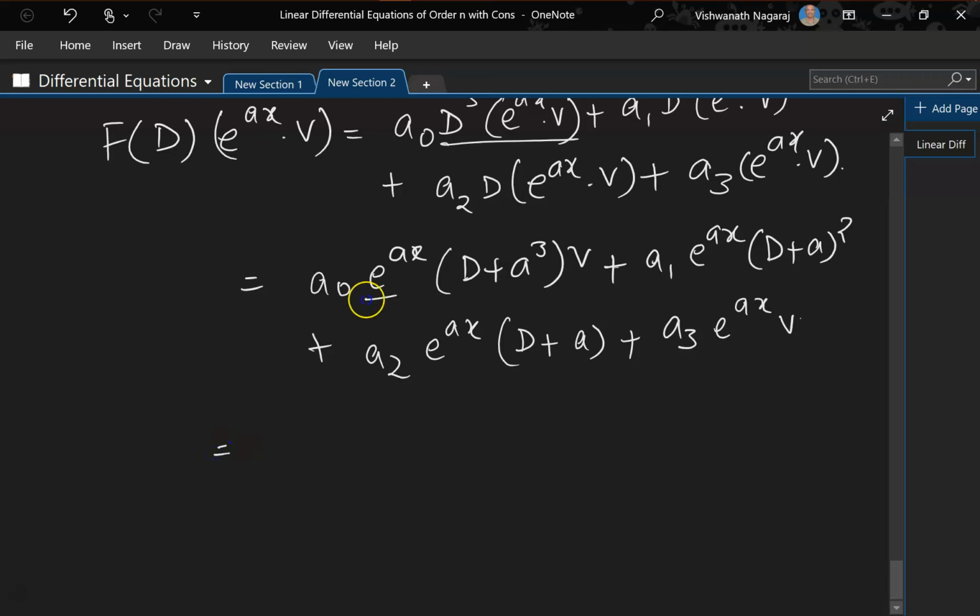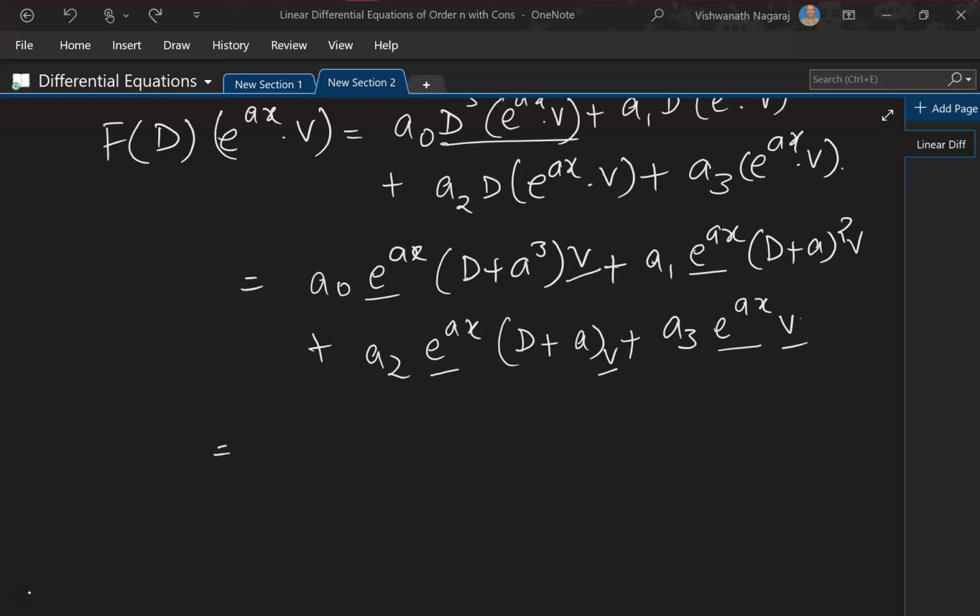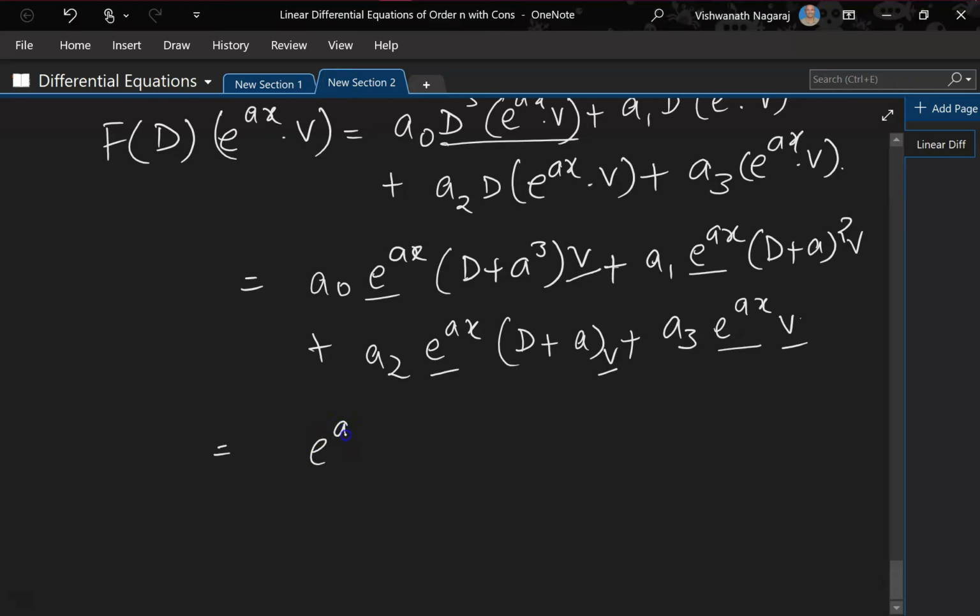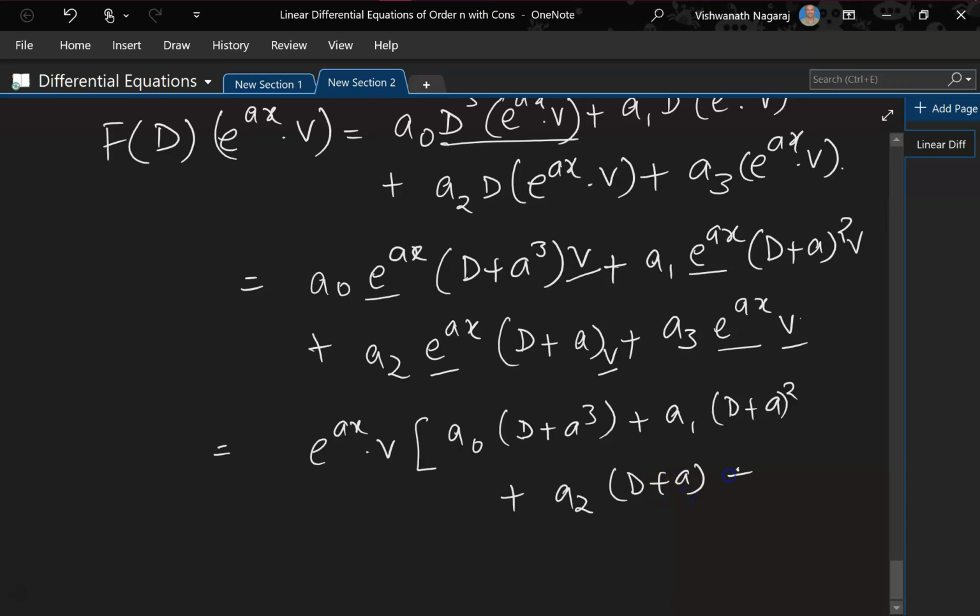Now here e^(ax) V is common; I missed a V in a few places, so let's take it out: e^(ax) V times a0 D plus a cubed plus a1 D plus a squared plus a2 D plus a plus a3.